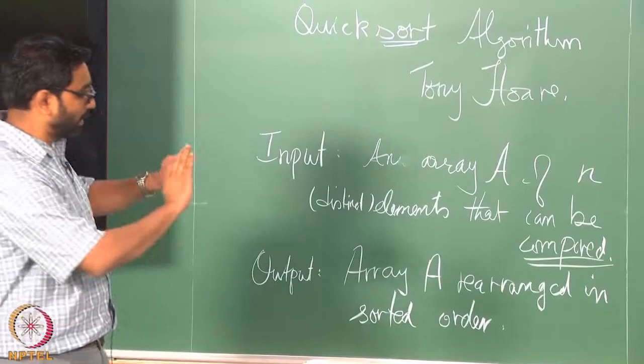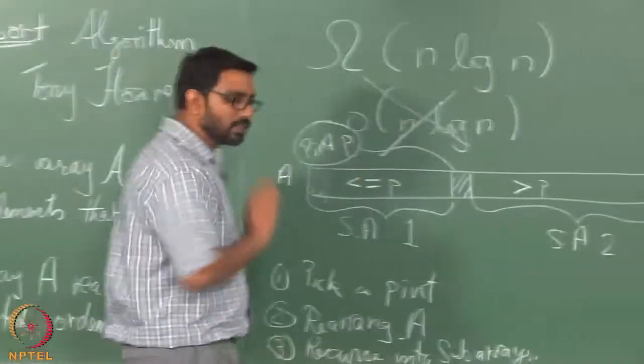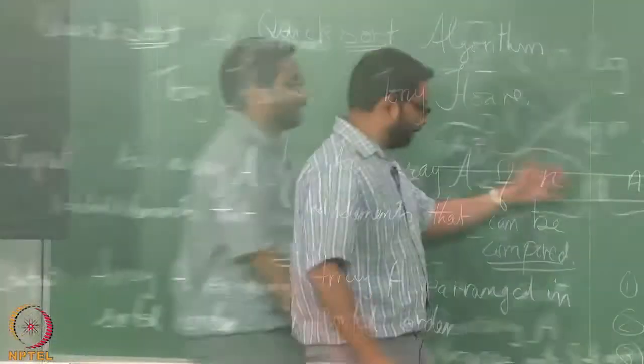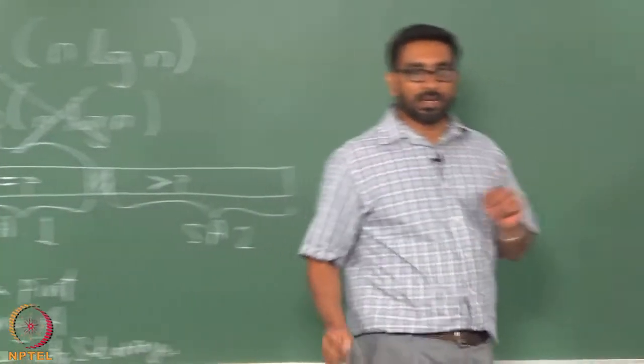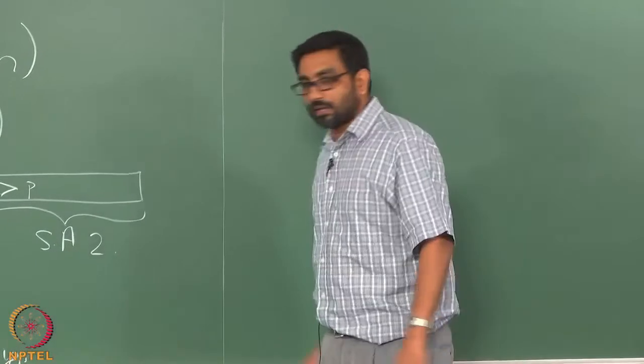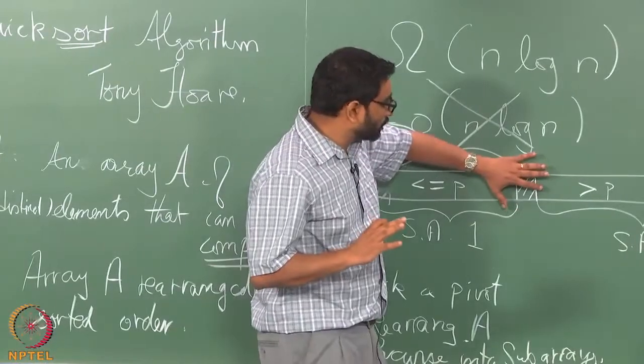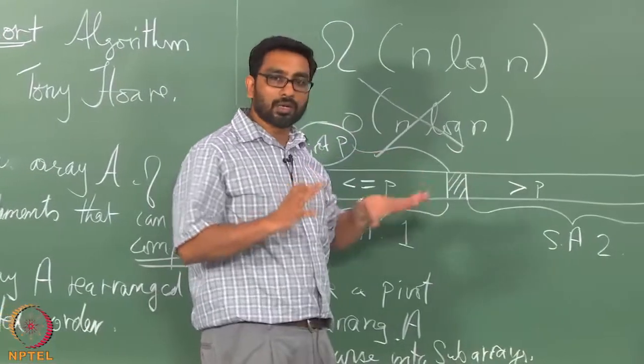This provides us with a way to sort the array, and it's an easy exercise to see that this algorithm is going to sort it. That will be left as an exercise for you to prove that this algorithm works. Let's now think about how good this algorithm is. Notice that this algorithm works by the divide and conquer paradigm.